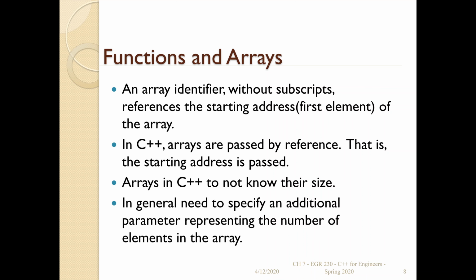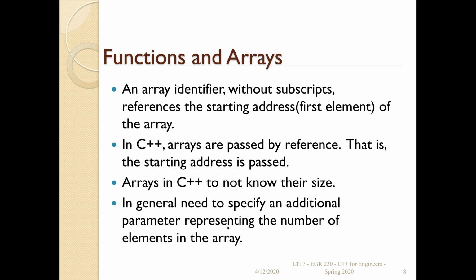All right. Now, one more thing we need to pay attention to is, if you pass in the address of the array by itself, it doesn't really contain the information of how big the array is. So you'll also need to pass in the size of the array. Okay, so that'll be part of what we do. All right. So with that in mind, you need to specify an additional parameter.